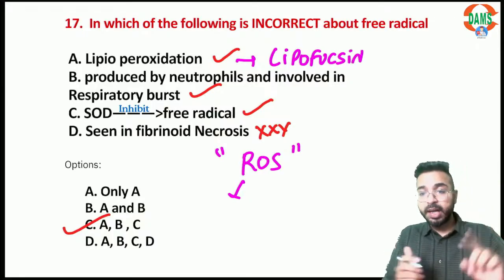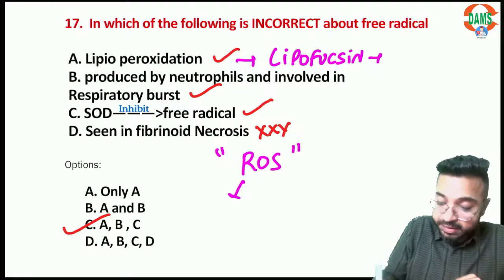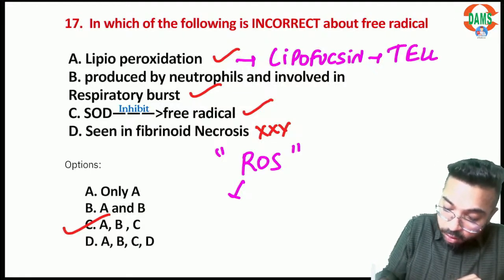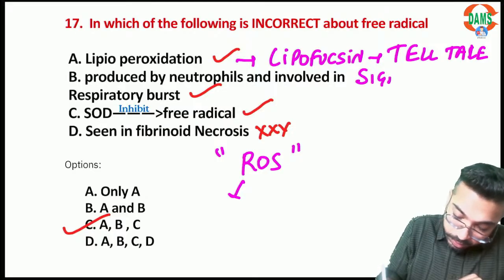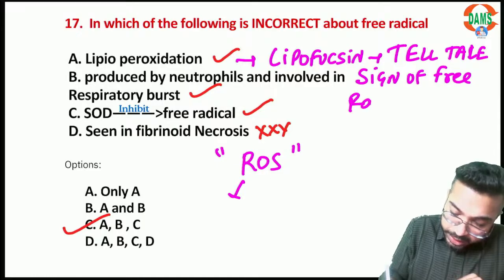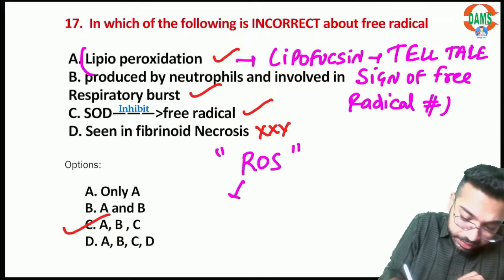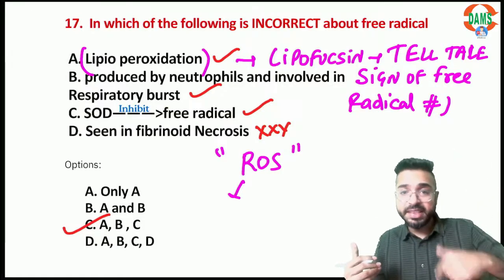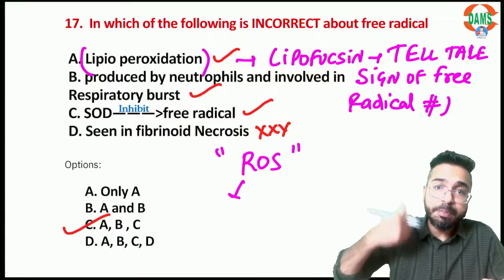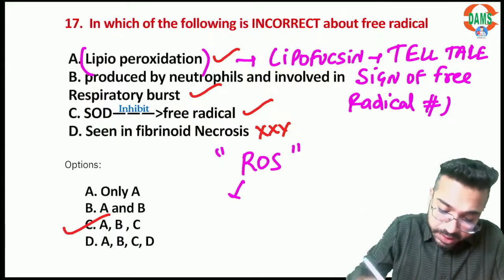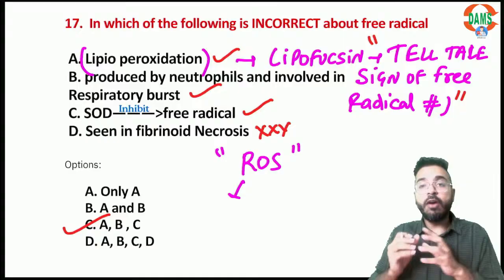I hope you remember from the class, lipofuscin is also known as the telltale sign of free radical injury. Straight question from the notes. Because free radicals damage the lipids, they cause peroxidation of lipids. Because of peroxidation of lipids, lipofuscin is produced. So lipofuscin presence is a sign of free radical injury.